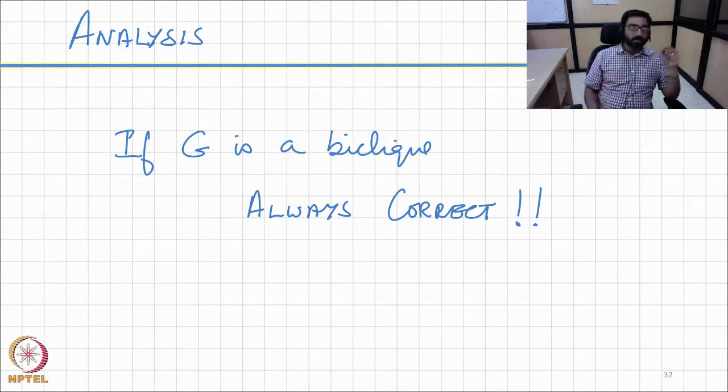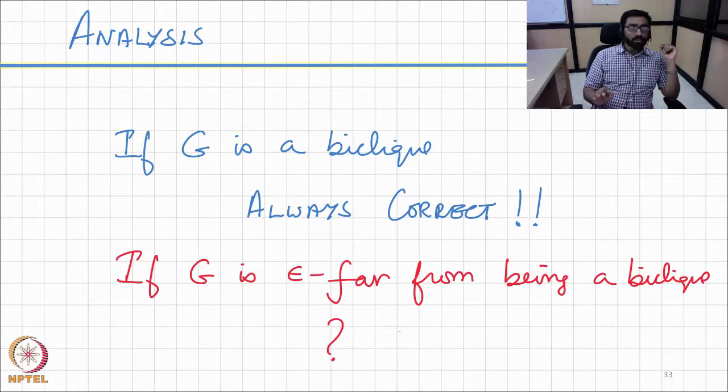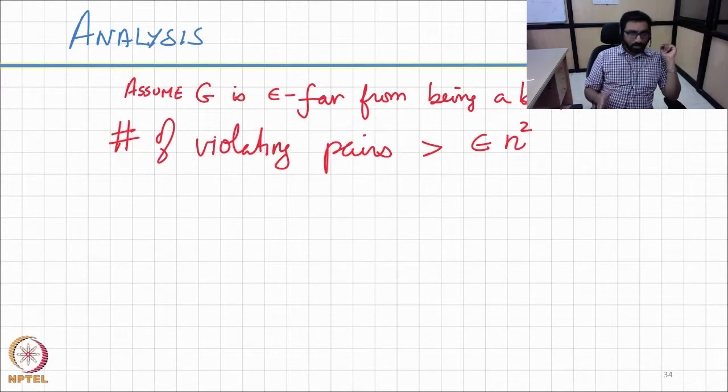So the algorithm is going to output an accept verdict, which is always correct. So it boils down to being able to reject a graph that is epsilon far from being a biclique. So for the rest of the analysis, we're going to assume that our graph is epsilon far from being a biclique, which means, remember, that the number of violating pairs is greater than epsilon n squared.